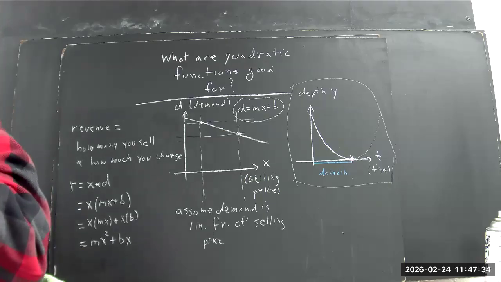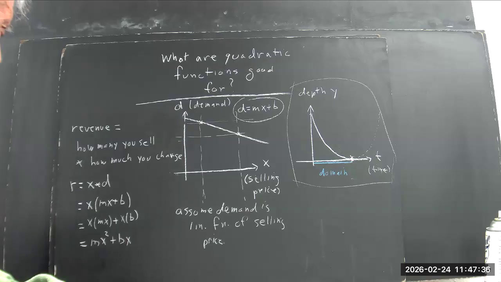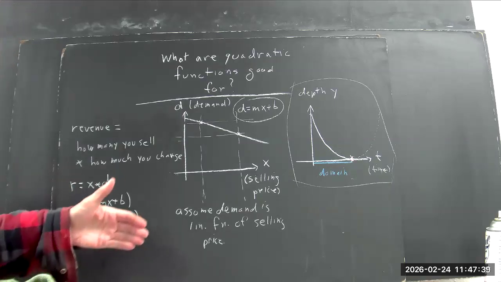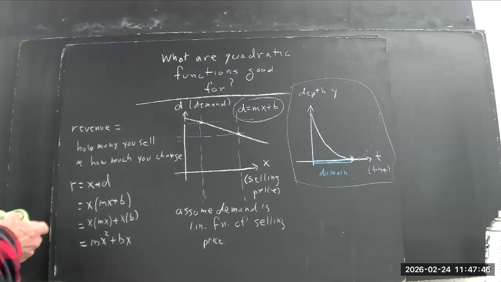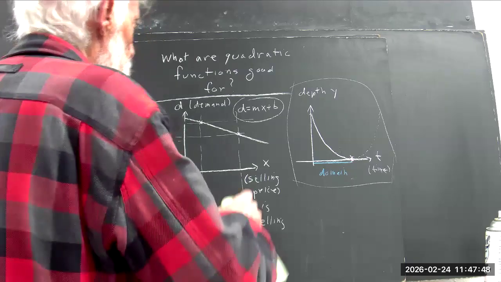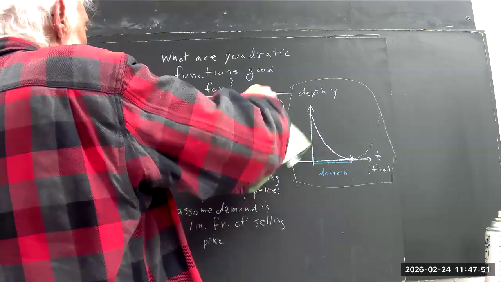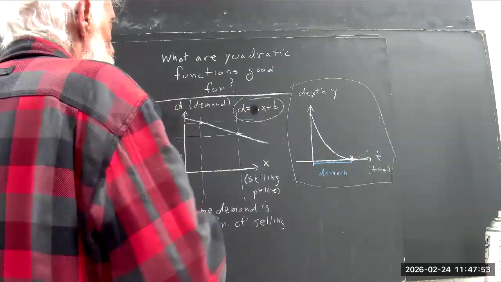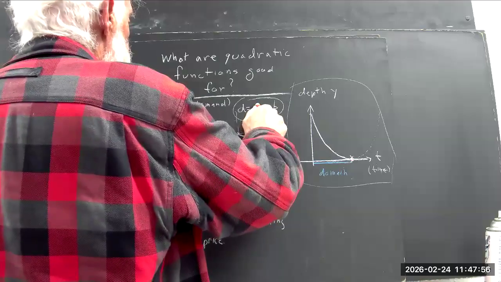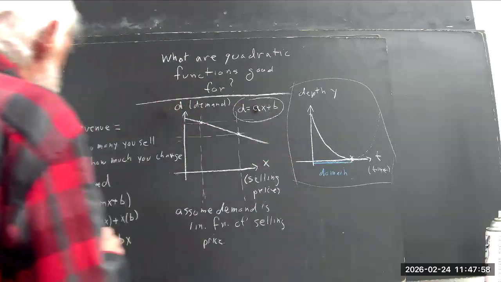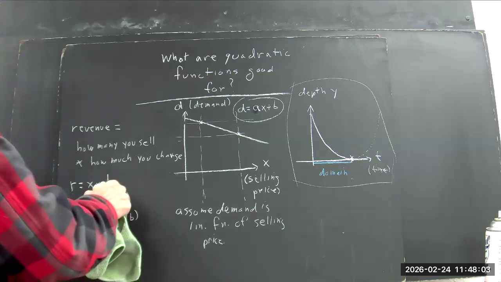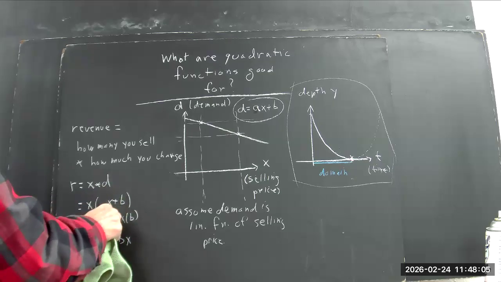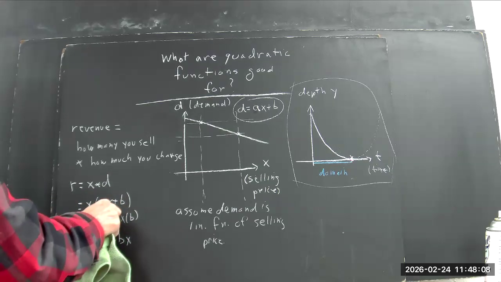Now, you're used to seeing quadratic functions in the form AX squared plus BX plus C. Okay? So for that reason, I'm going to change M to A. The demand's going to be AX plus B. Now, the number in front of X is always the slope of a linear function. So now the slope is A. I'm just making that change because it's going to make what we get here a little easier to look at.